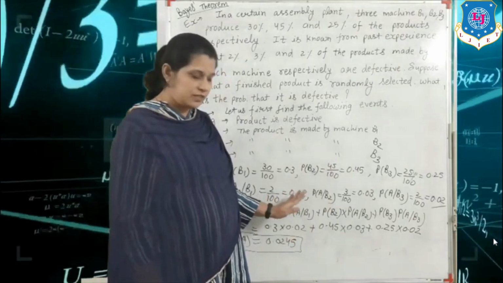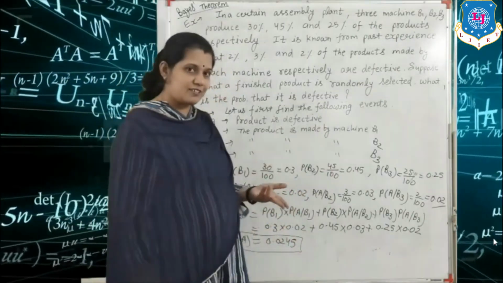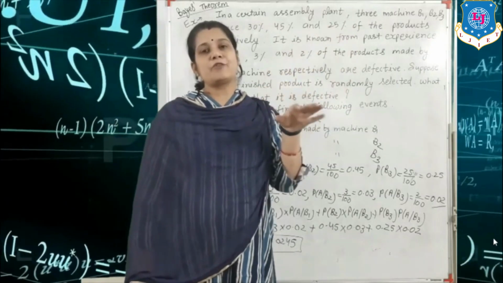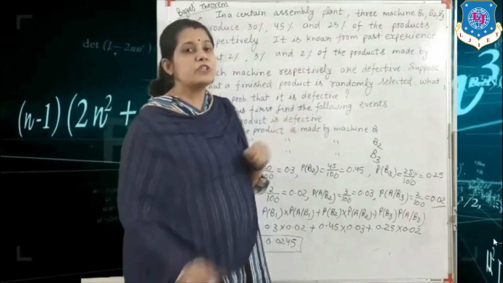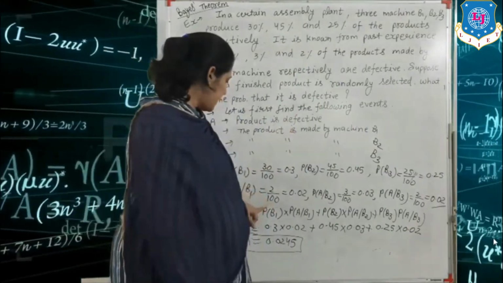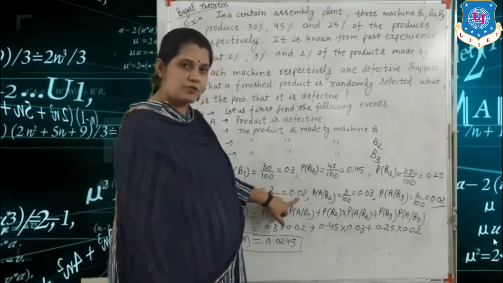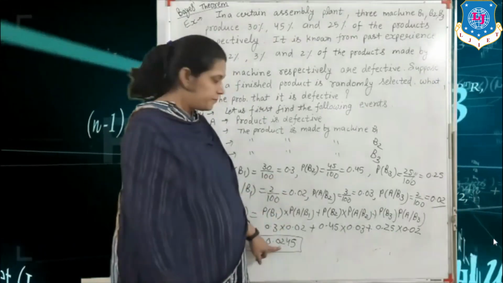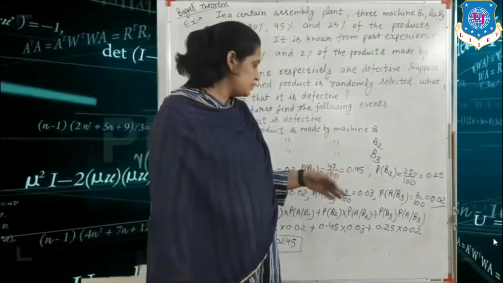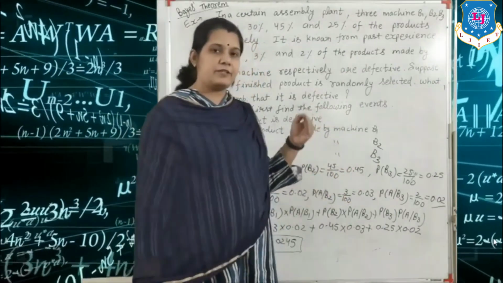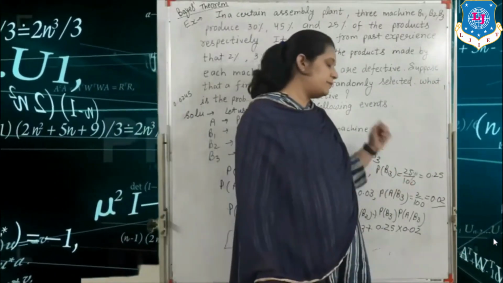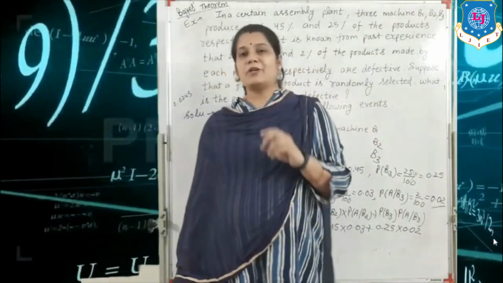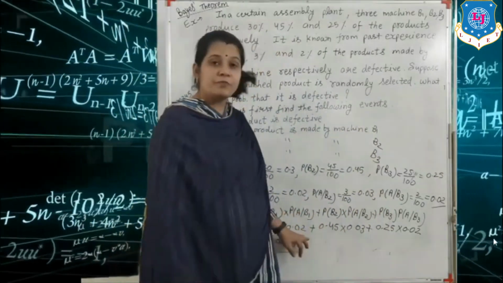After that, if your product is from machine B1, in the numerator you write this value, 0.02 A/B1, divided by the total. If your product is from B2, put this value and divide by the total. If it is produced by B3, write this and divide by the total number of defective products.